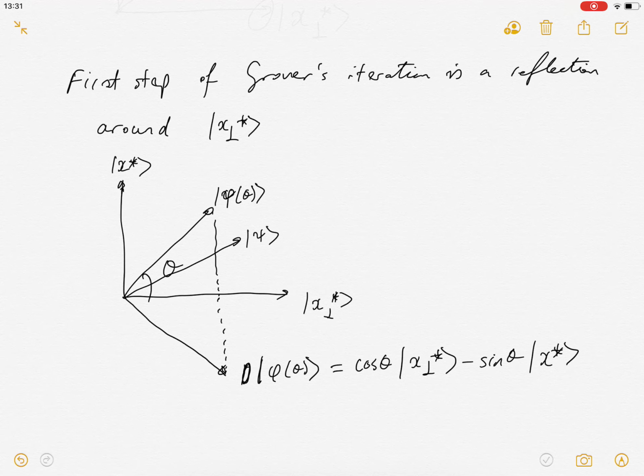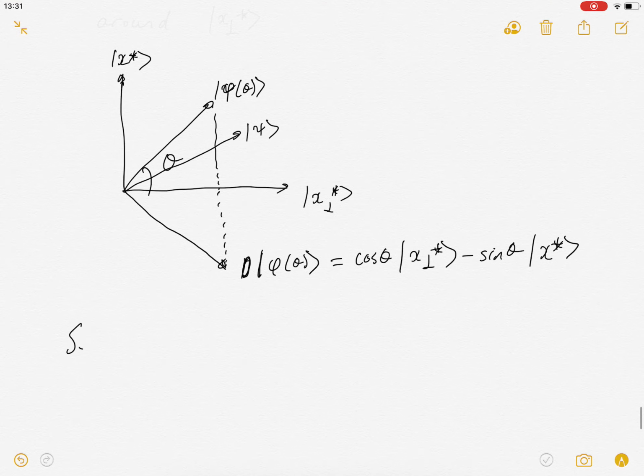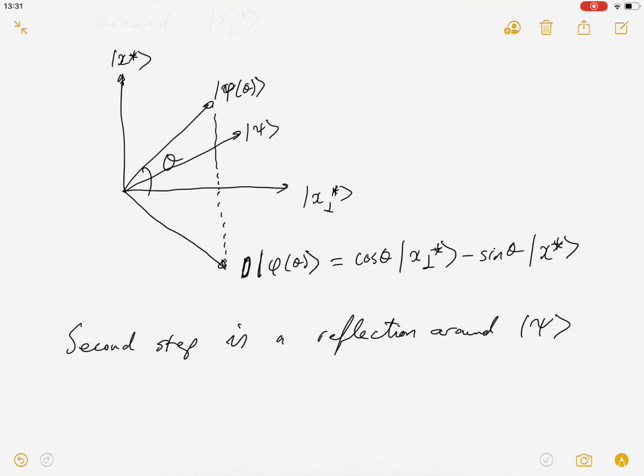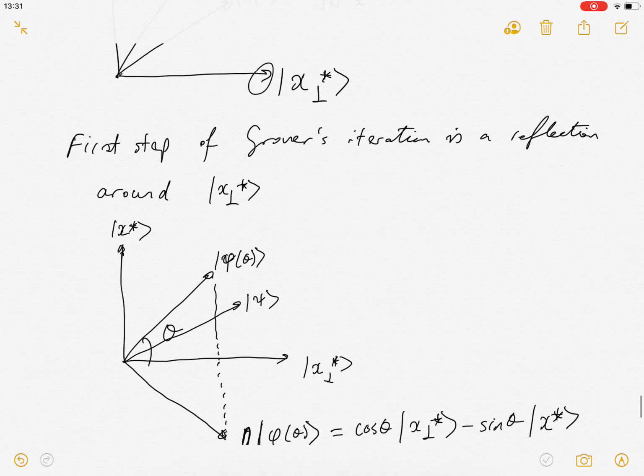In the second step, we apply the inversion around the mean, and this is just a reflection around psi, because inversion around the mean is just reflection around the general superposition state, psi.